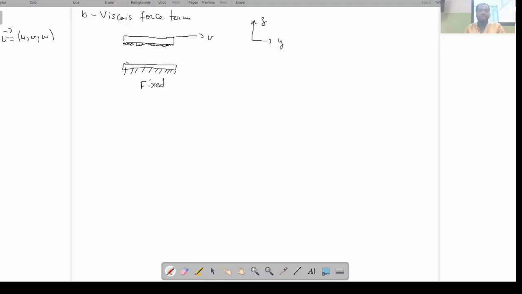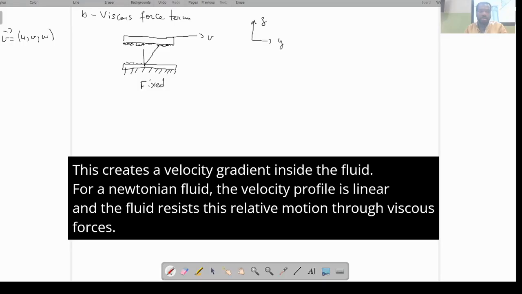and the velocity varies continuously. So this creates a velocity gradient, and the velocity profile is linear.